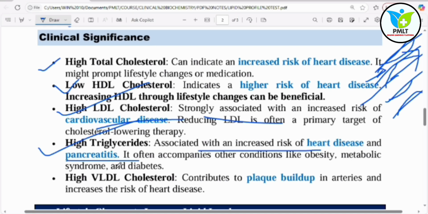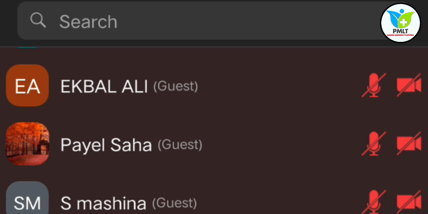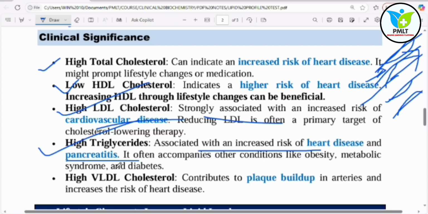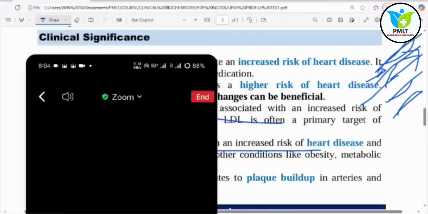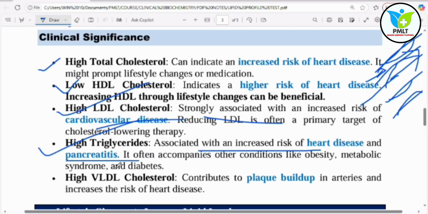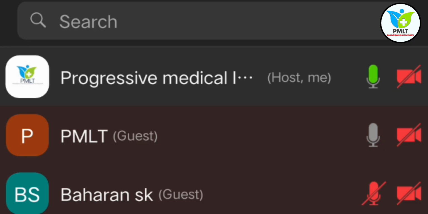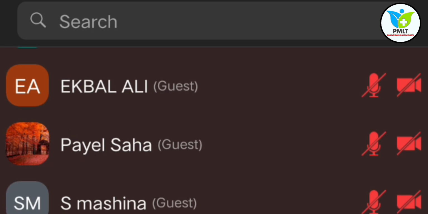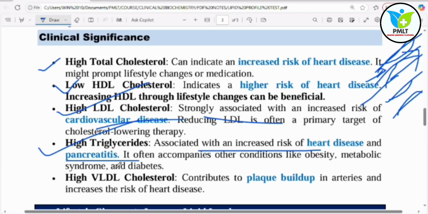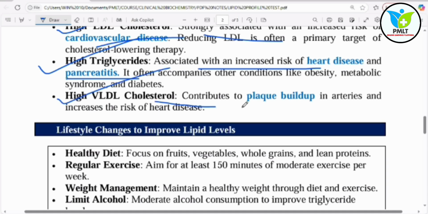Whenever the triglyceride level is high, there might be heart related disorders, as well as disorders related to pancreatitis, which is pancreas inflammation. Sorry, for high VLDL cholesterol, plaque formation happens. I have already told you that.